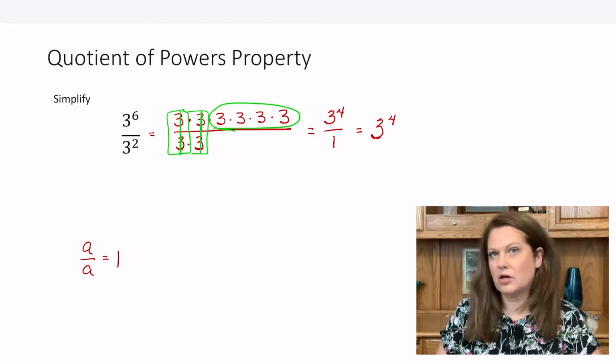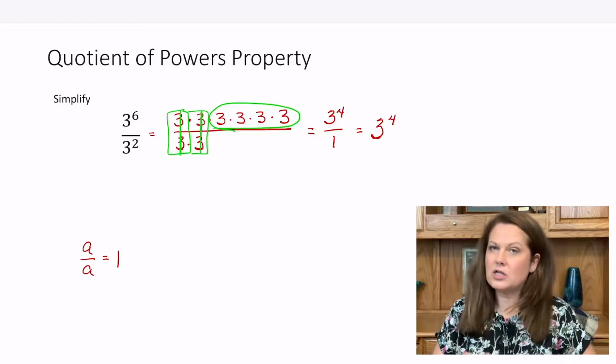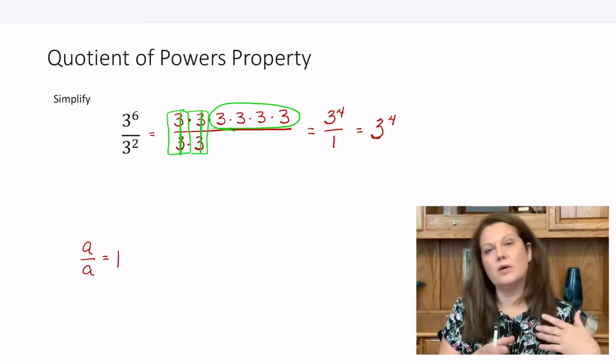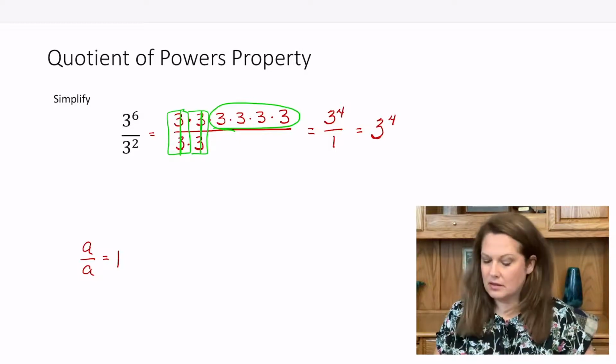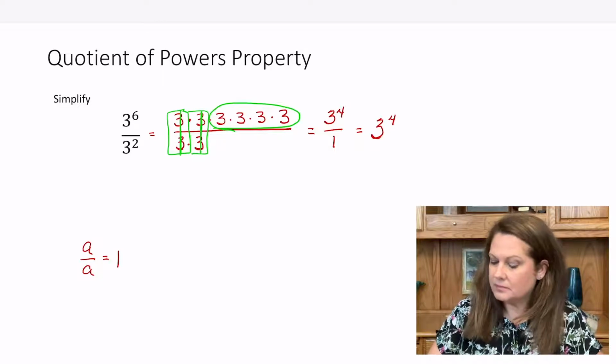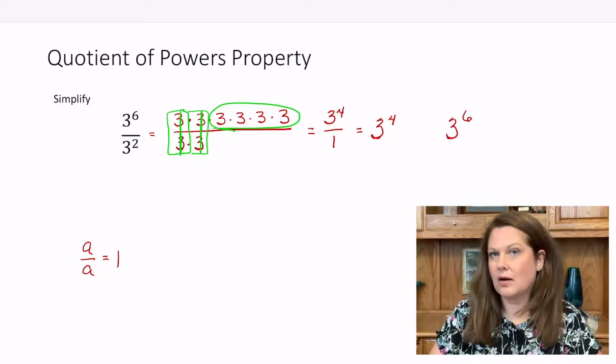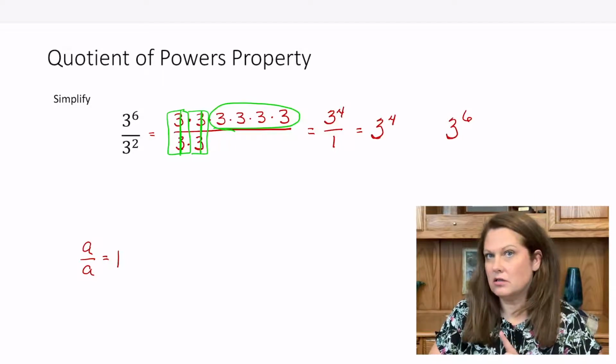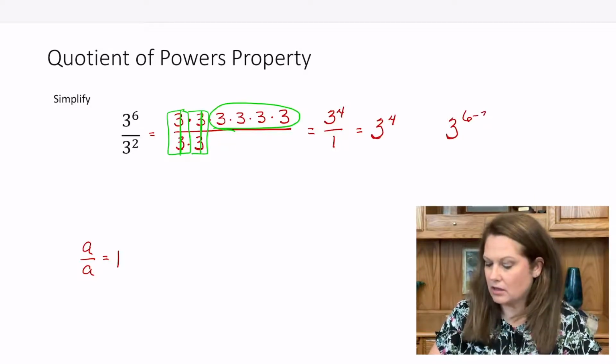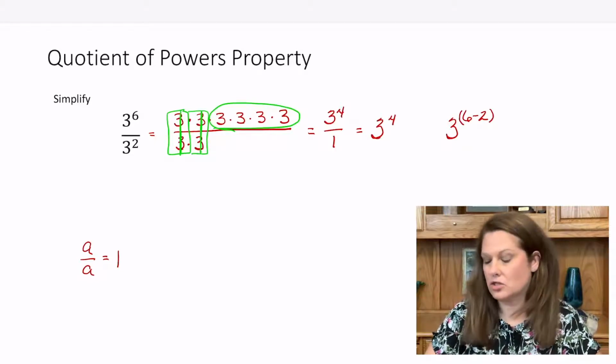Now, did you notice a trick? When we talked about products, we would add the exponents. Notice here, if we do 3 to the 6th divided by 3 to the second, what's the opposite of addition? Oh, yep, it's subtraction. And we subtract our exponents, 6 and 2.